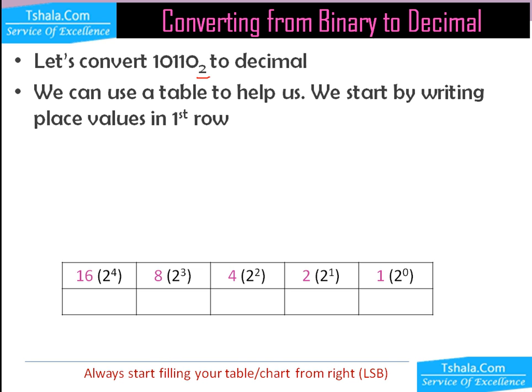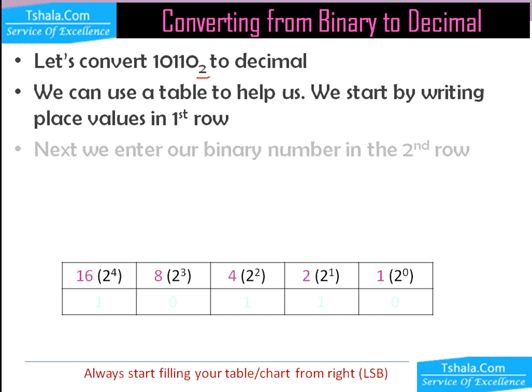We start by writing place values in the first row as we have here, which in fact we have 1, 2, 4, 8, 16. And these are coming from those values in the brackets.